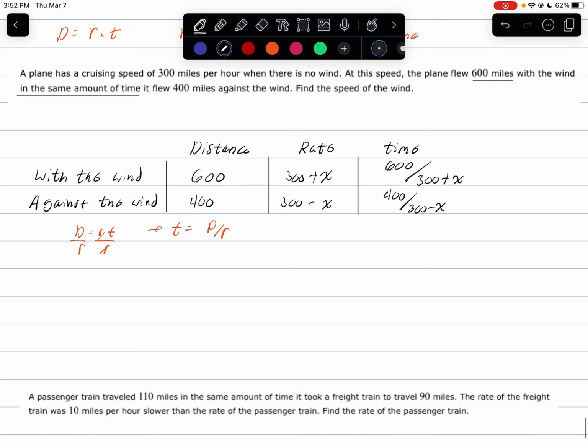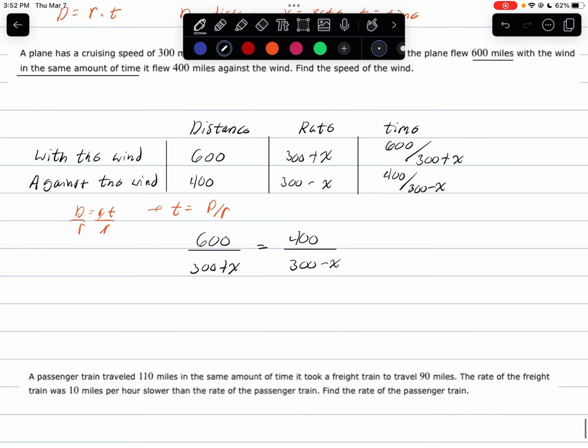Therefore we can set each of these times equal to each other. So we can set 600 over 300 plus x equal to 400 over 300 minus x. Not too bad here. Now all we have to do is solve for x.